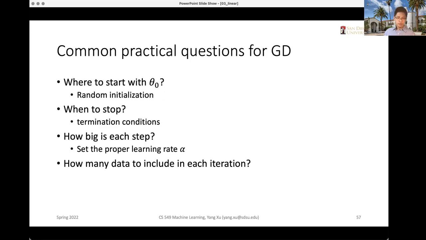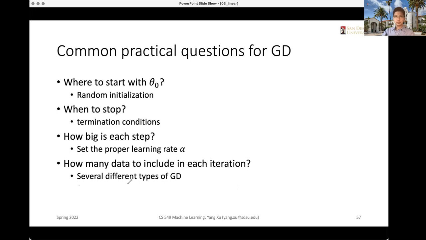But when we deal with large-scale inputs, for example hundreds of thousands of images, hundreds of thousands of words, millions of tokens, then it doesn't make sense to use all the data points in one iteration of gradient descent.